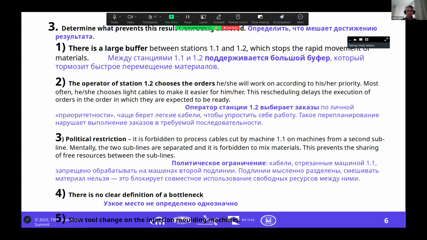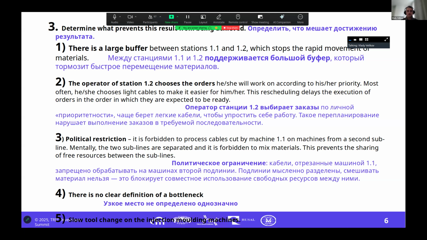This is not good. And as I told you in the beginning, she is doing rescheduling. Third is a political restriction, which cuts the line into two sublines. And you cannot use a free molding machine.